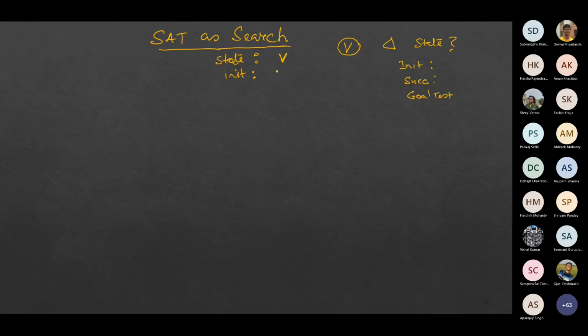Again, let us go back to the map coloring problem. There, do we talk about ordering, or can I just pick up any region and color it? Here we can take any region. So here we can take any variable, right? Yes. So basically our init state will be that we do not have any assignment on the variables, right? So an empty assignment.